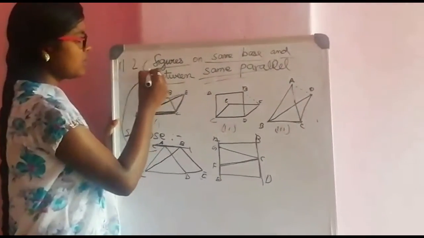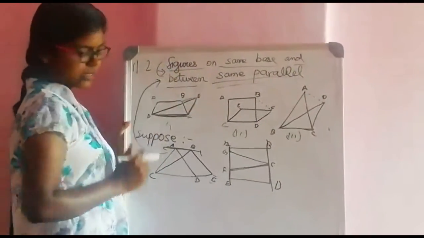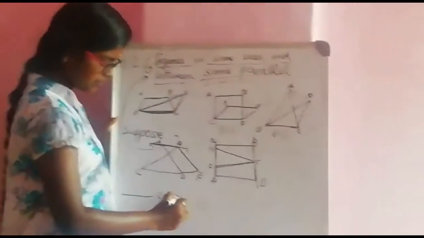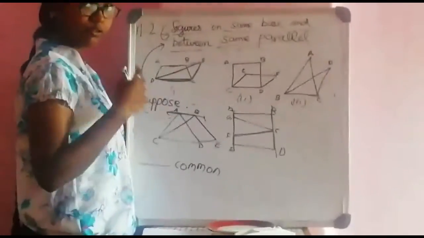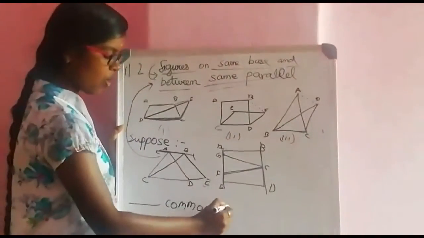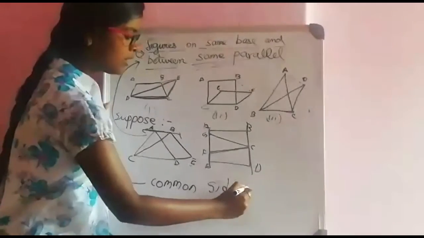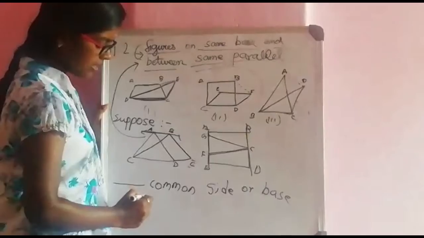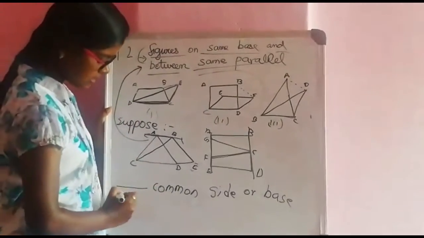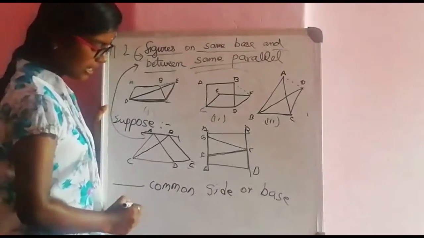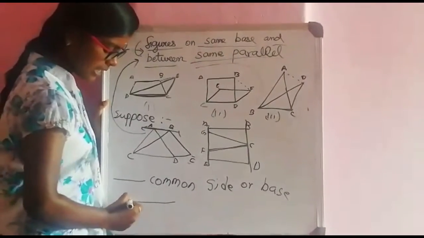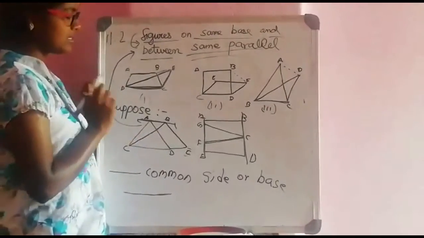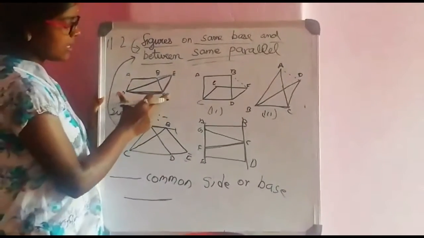So the rule for all the figures that fall in this group is that they must contain a common side. If two figures contain a common side or base, where the vertex opposite to this common side lies on a straight line that is parallel to the common side. I will repeat again.